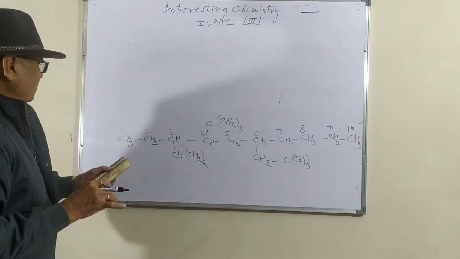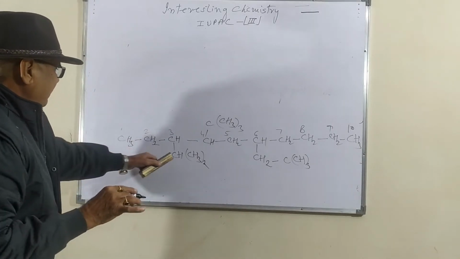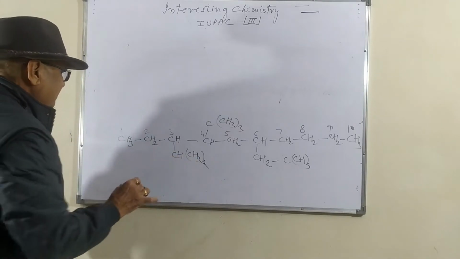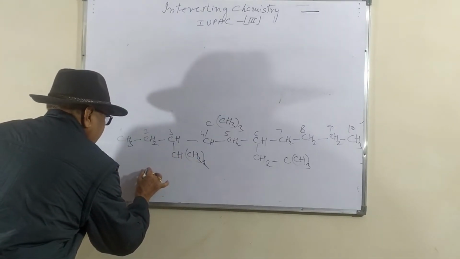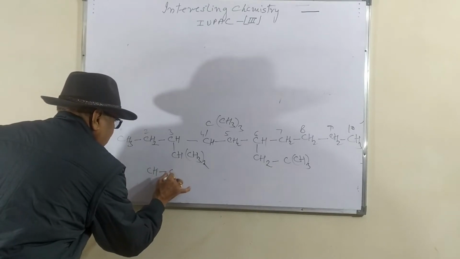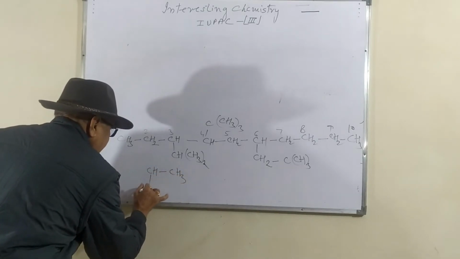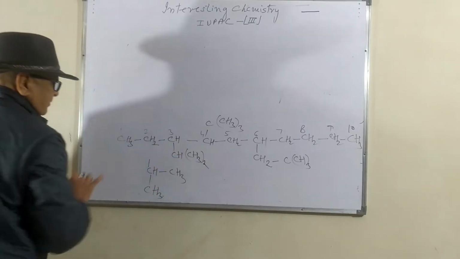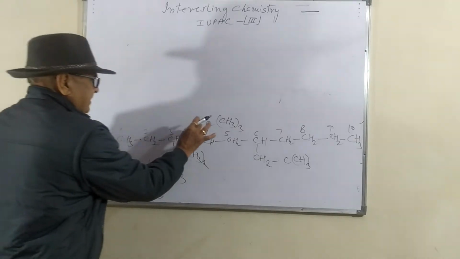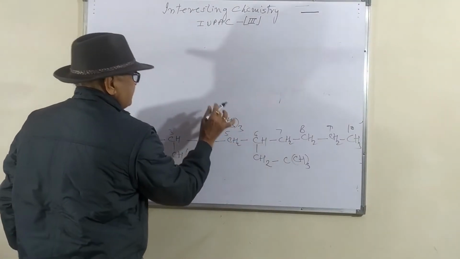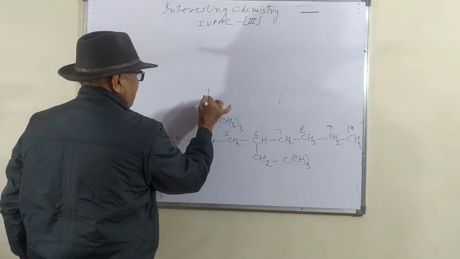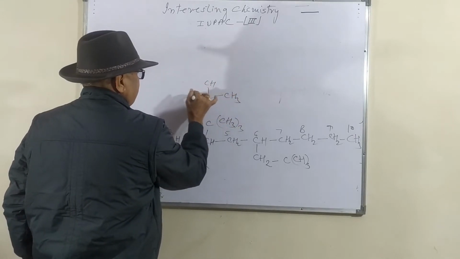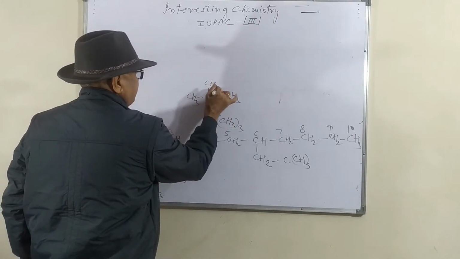So I am telling you that I write here CH3. What is the meaning of CH3? There are 2 CH3 groups, you can write this CH3 group in this way, and this portion is attached to this. And here CH3 thrice, it means C has 3 CH3 groups, CH3, CH3 and CH3.